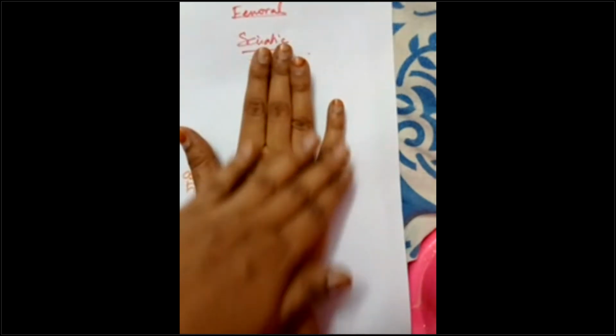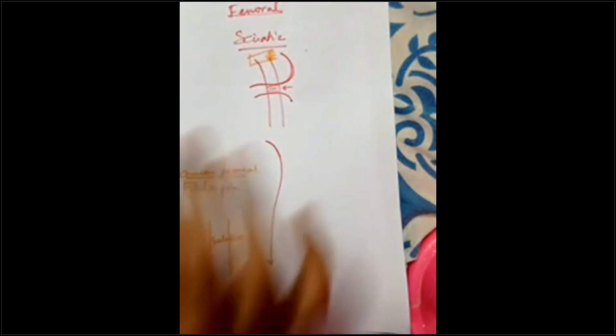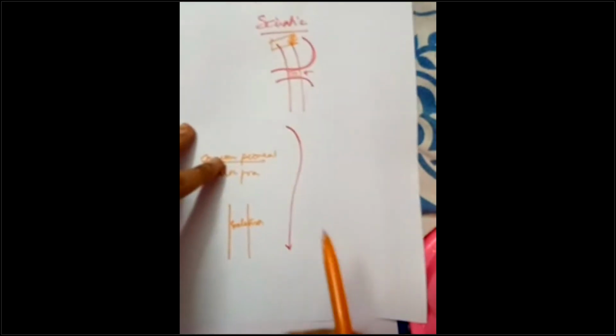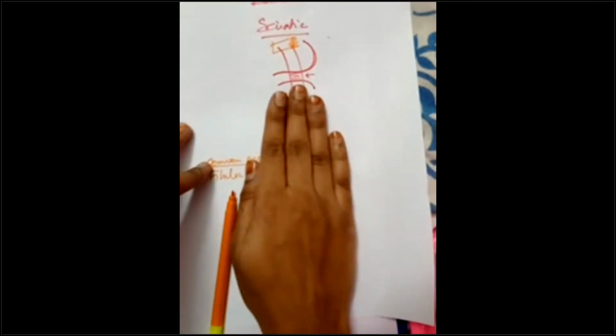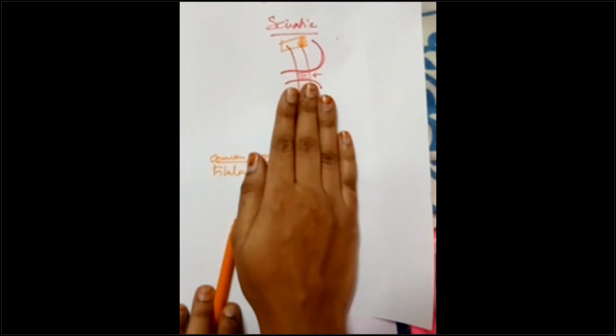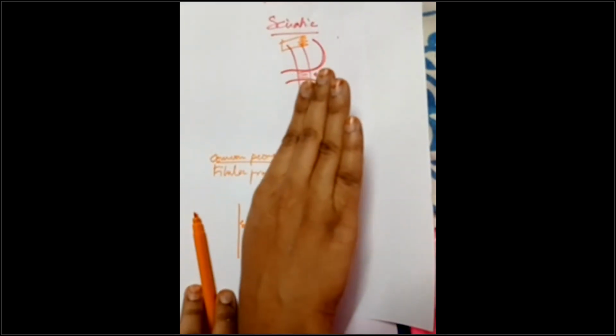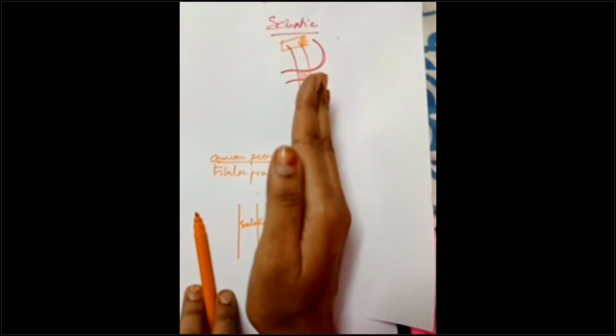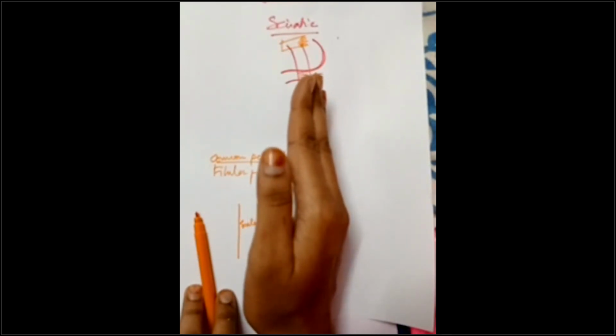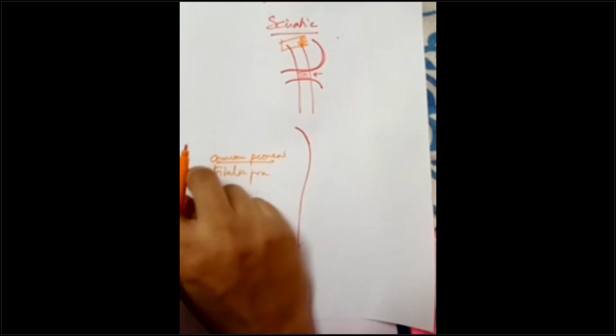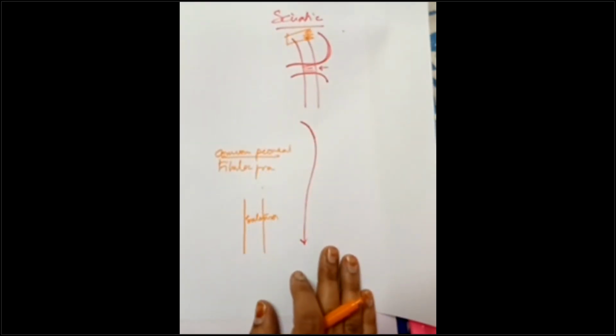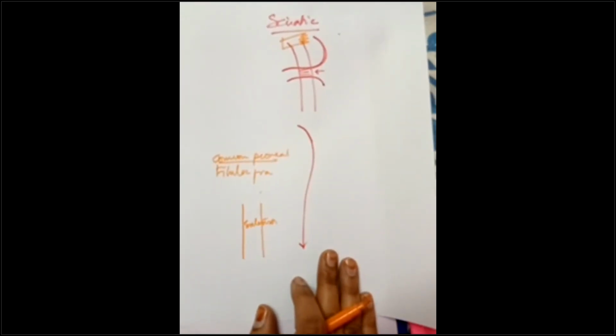Foot drop and loss of cutaneous sensation, everything it supplies, will be lost, along with eversion of the foot. Your foot will be inverted. Okay, foot drop. And what more?